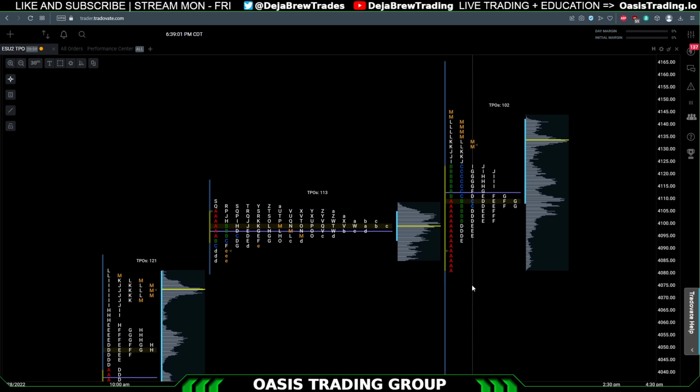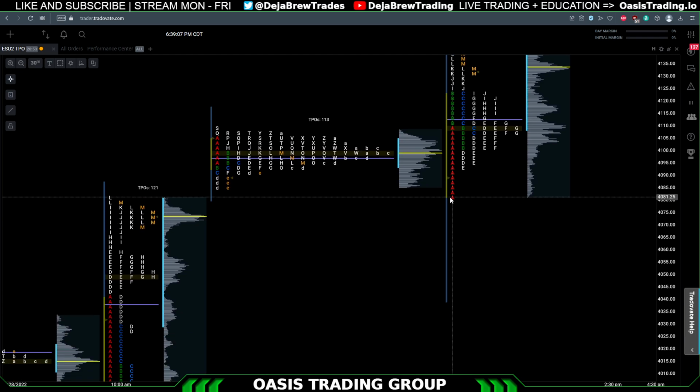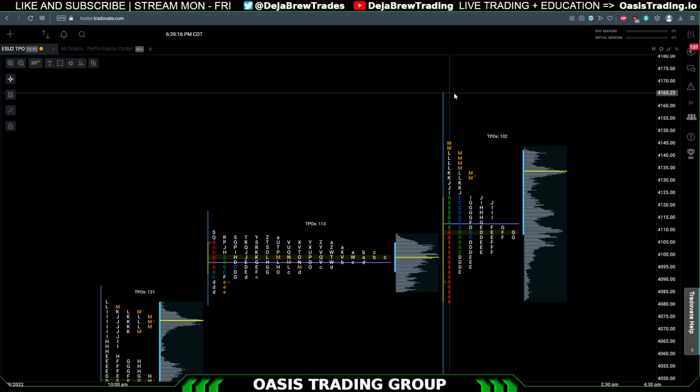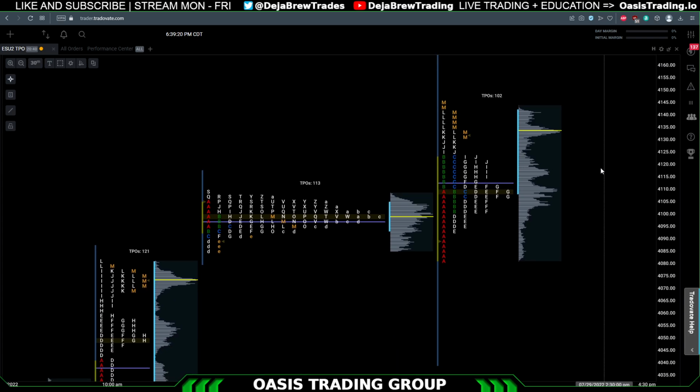So for the extension, we want to take a 100% extension of that initial balance. So we would take a 40-point extension to the downside, putting us around 40.40, and then a 40-point extension to the upside, putting us around 41.65. And that would be our overall target if the day started to trend very heavily in one direction.